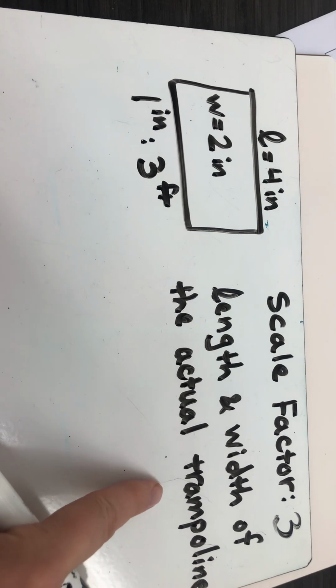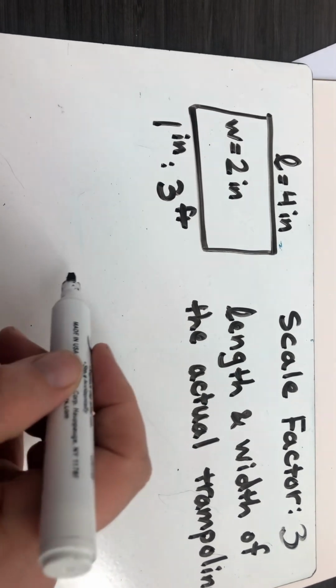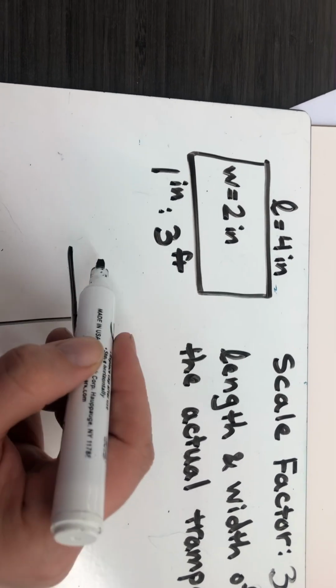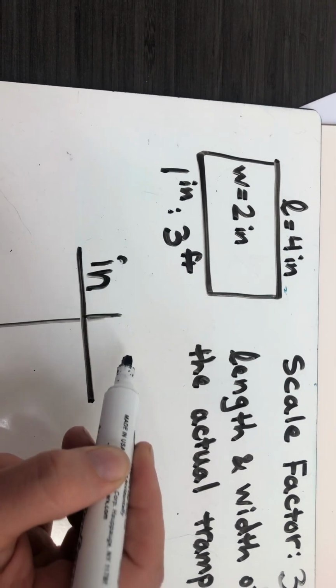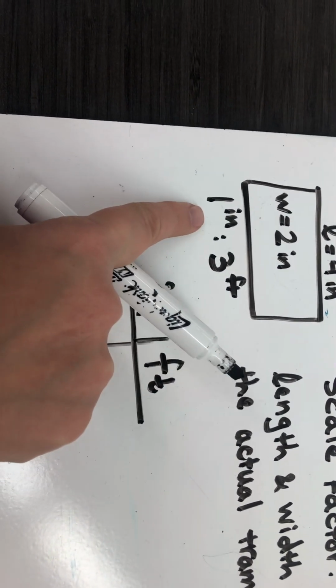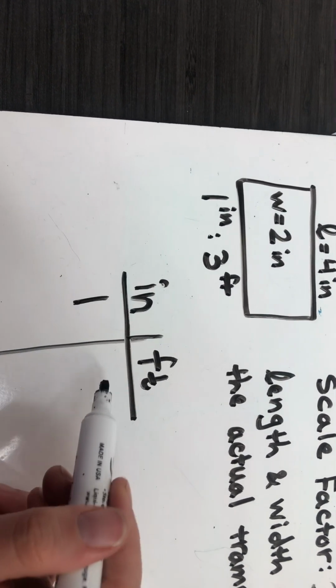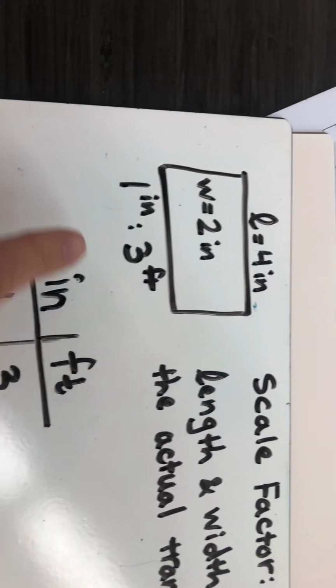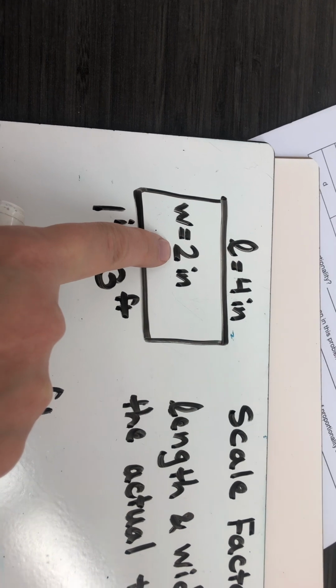Now I want to try to find the length and the width. So I'm going to create a table of values. I'm going to label this side inches and this side feet. And I'm going to use this scale, 1 inch equals 3 feet. However, the drawing shows 2 inches.